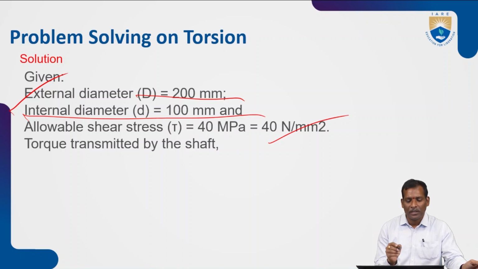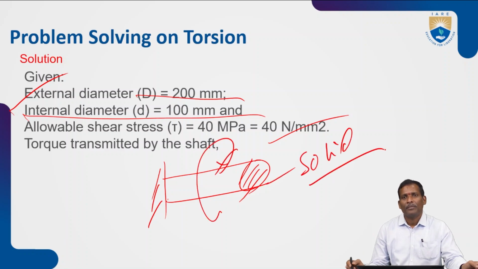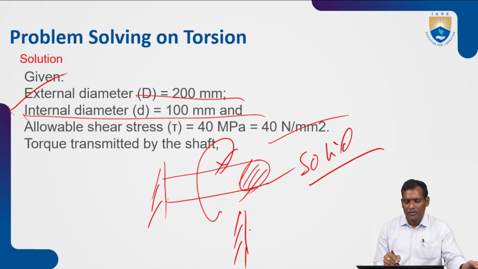Torque transmitted by the shaft. Let's see, suppose here is a solid shaft. Solid. For a hollow shaft, there are two diameters, one internal and another one external.